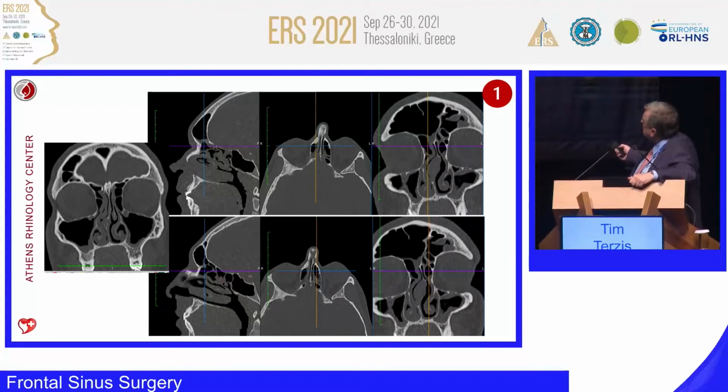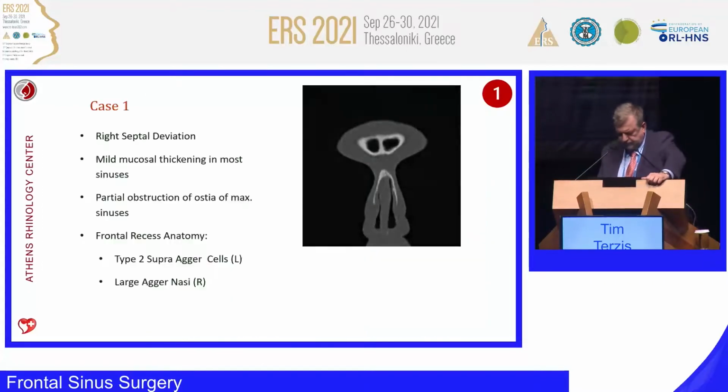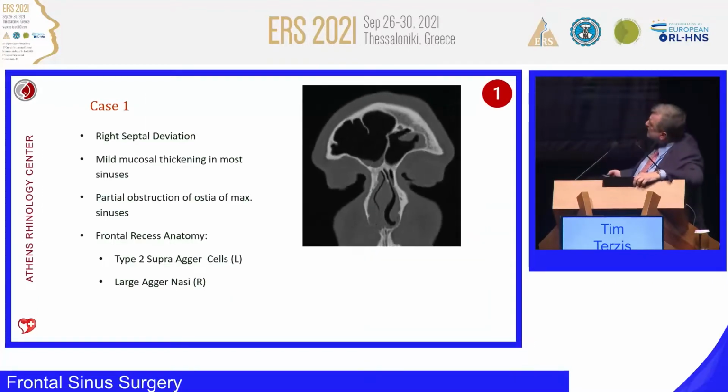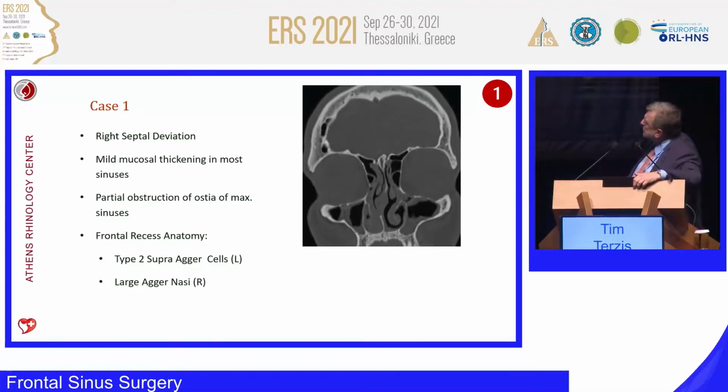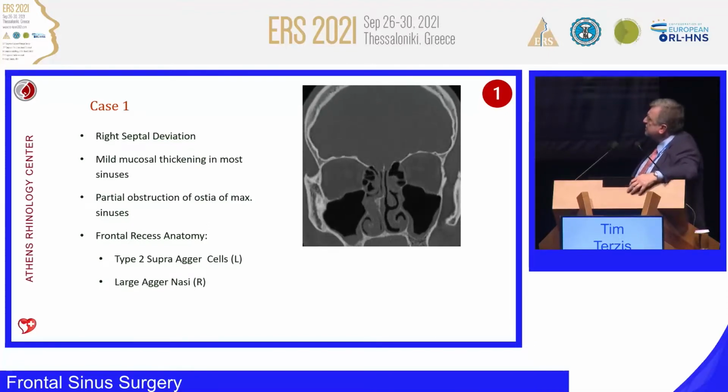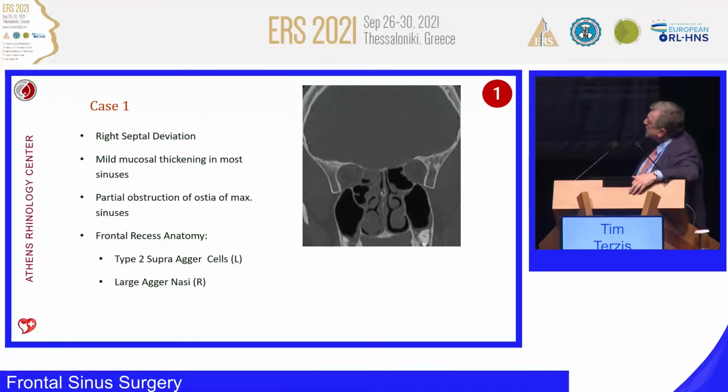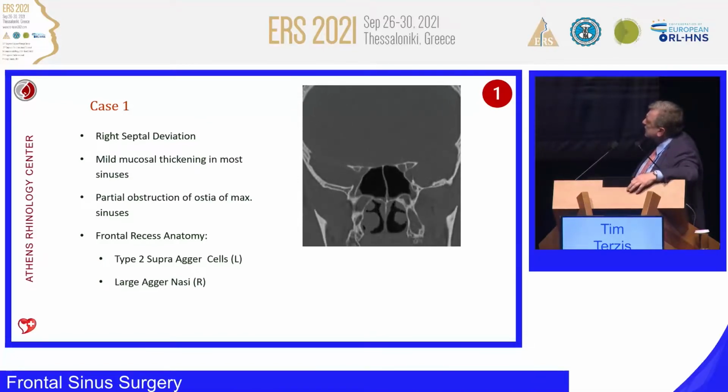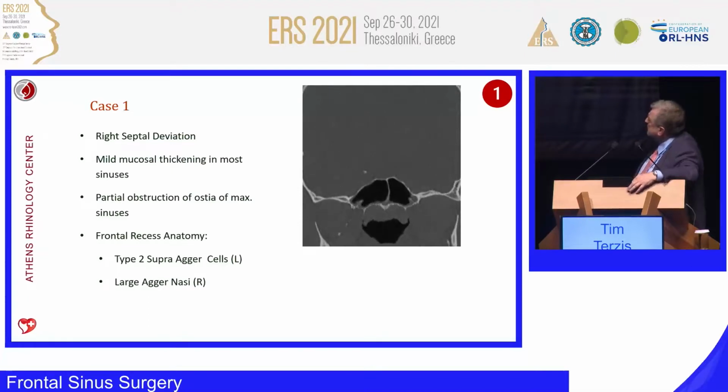And on the other side, we have, again, the agger nasi and a type 2 supra-agger cells, anterior cells, just over it. And this is the cross on the left side, and you see the more complex anatomy on this side. So that's the summary, right? Septal deviation, mild mucosal thickening in most sinuses, partial obstruction of maxillary sinuses, frontal anatomy, as I said just before.